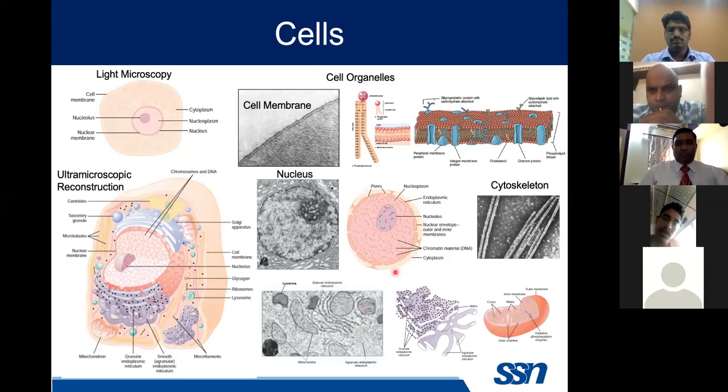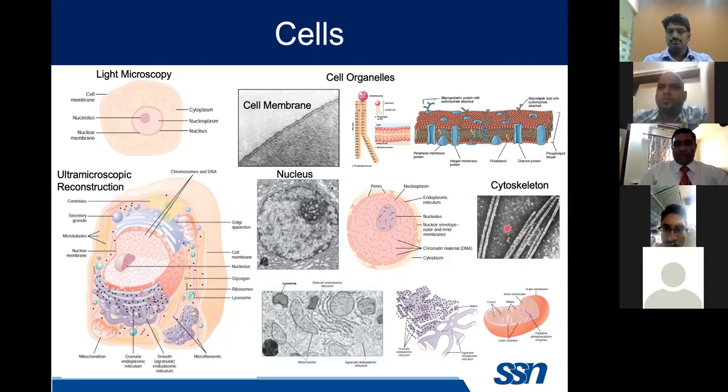Now, when we speak of anatomy, we are speaking only about structure. But when we come to physiology, we need to understand the working of any structure. This cell has many different organelles, starting from the cell membrane, which comes in contact with the outer world, and then the nucleus, which is the control center.